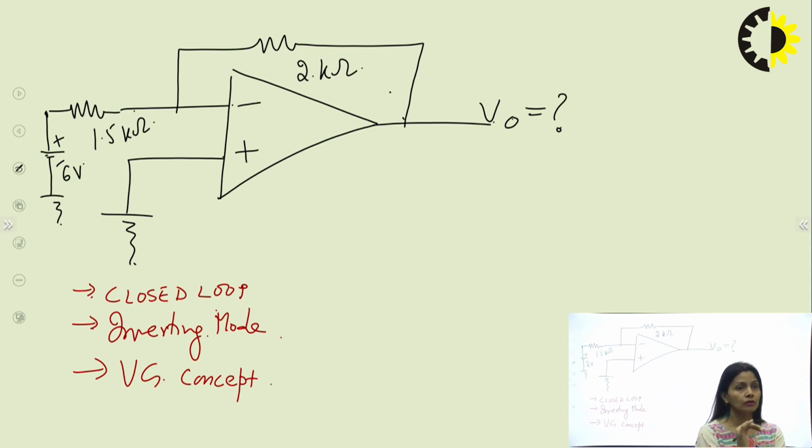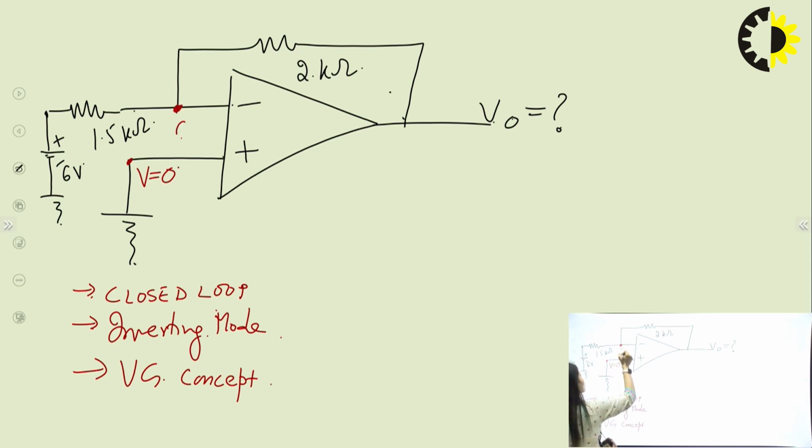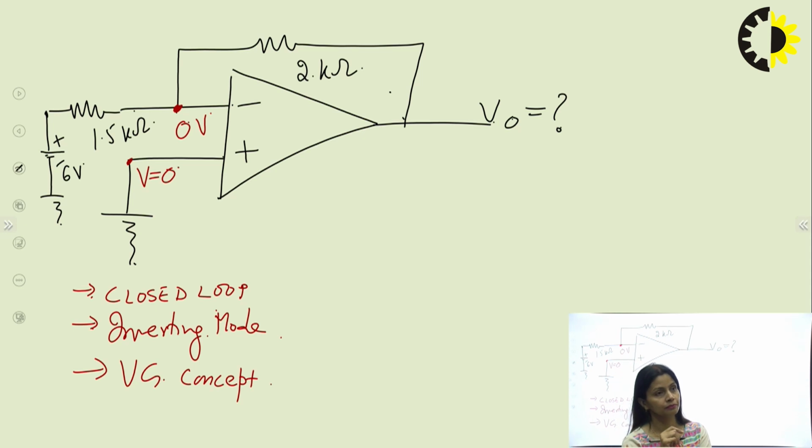Now we will apply the virtual ground concept, which states this point potential is 0 volts. V is equal to 0 at this point. Then this point potential is also at 0 volts from the virtual ground concept, right?